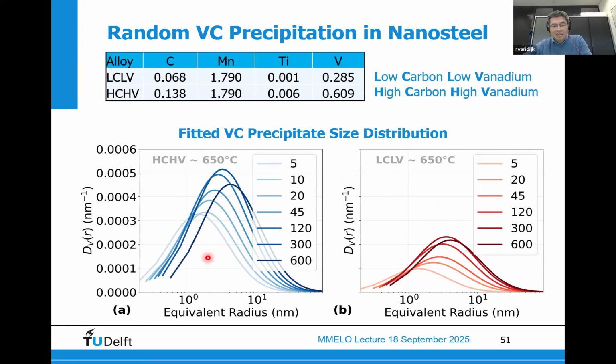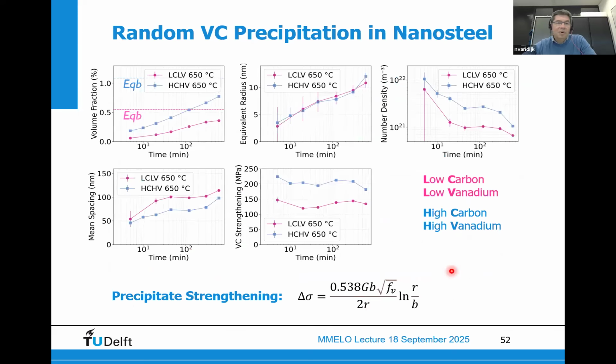The fitted size distribution shows then particles in the range of a few nanometers, and you have an increase and a growth in the particle size as expected. And what we can derive from this is what the phase fraction does if we do the fitting. So we see that it continuously increases, but has not reached the maximum, the equilibrium phase fraction within that 10 hours.